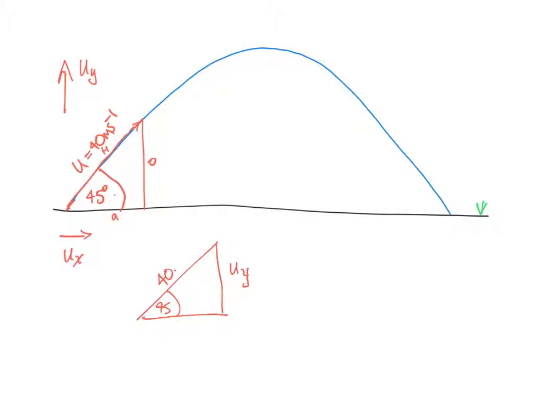So if we do sine of 45, we get opposite over hypotenuse. Remember, we've got SOHCAHTOA. Sine is opposite over hypotenuse, cos is adjacent over hypotenuse, tan is opposite over adjacent.